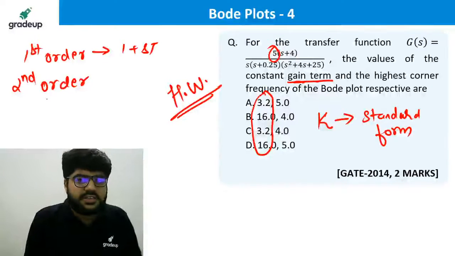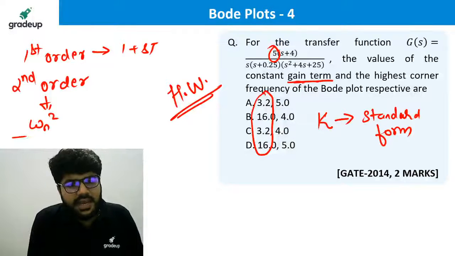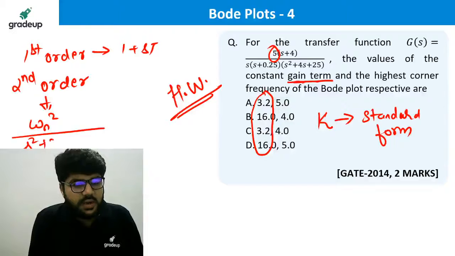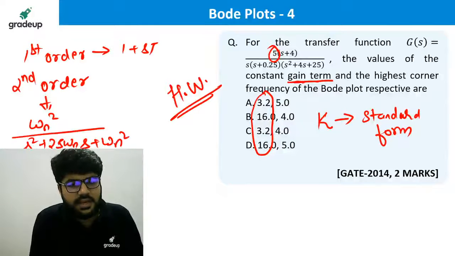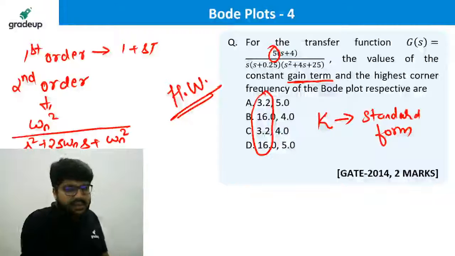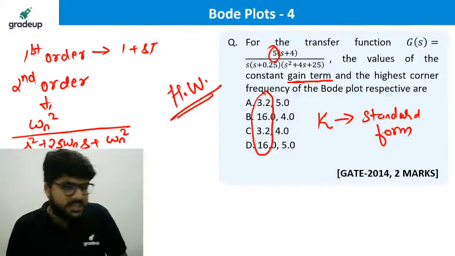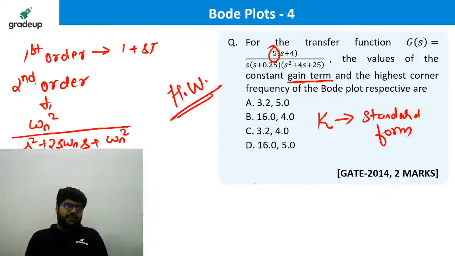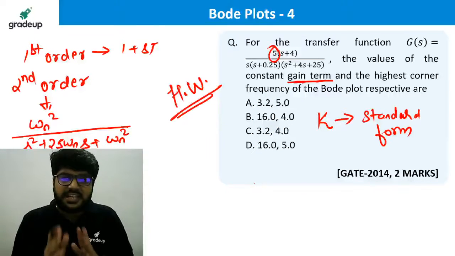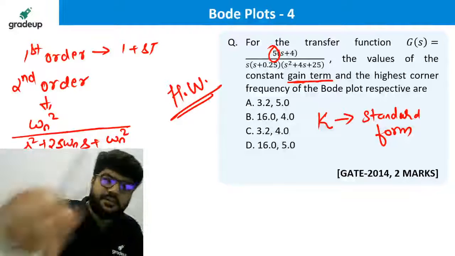For second order, it will be omega n square upon s square plus 2 zeta omega n s plus omega n square. Yes, the corner frequency is omega n. I've taught you today only in the previous class. Such a question has come up in GATE as well, a 2 mark question. If you are expressing in the standard form, you also have to express the second order term in the standard form.